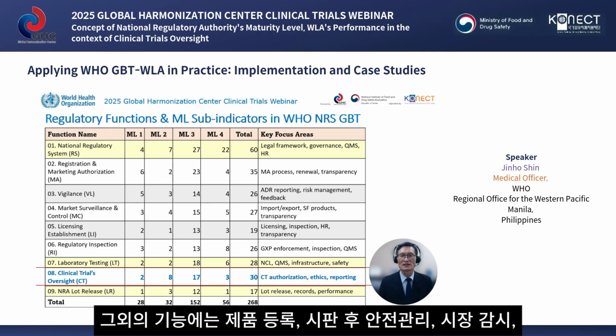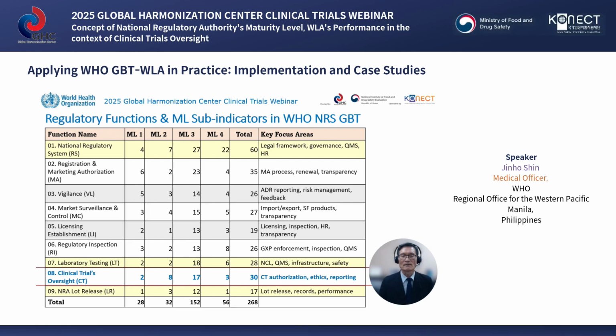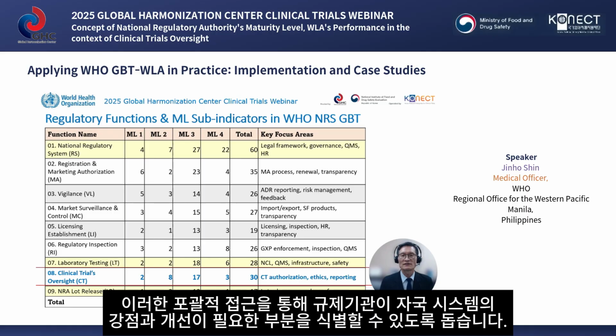Other functions include registration, vigilance, market surveillance, licensing of establishment, inspections, laboratory testing, and NRA lot release. Each function has key focus areas such as legal frameworks, transparency, and risk management. This comprehensive approach helps authorities identify strengths and gaps in their systems.